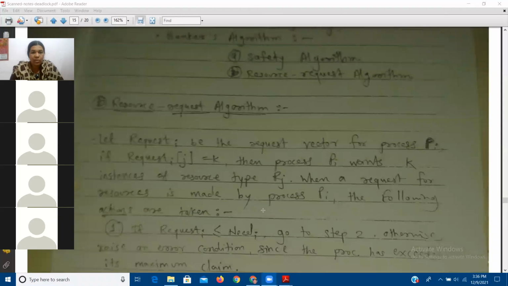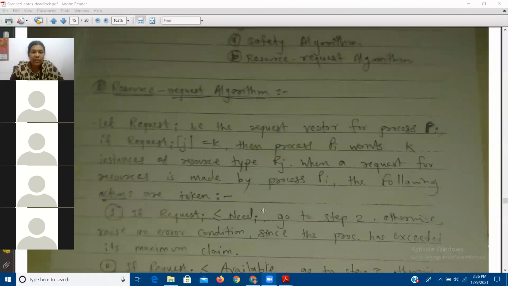So this is about the resource request algorithm. Let Request[i] be the request vector for process Pi, and Request[i][j] equal to k indicates that k instances of resource type Rj may be requested by process i. Then process i wants k instances of resource type Rj. When a request for resources is made by process Pi, the following actions are taken.